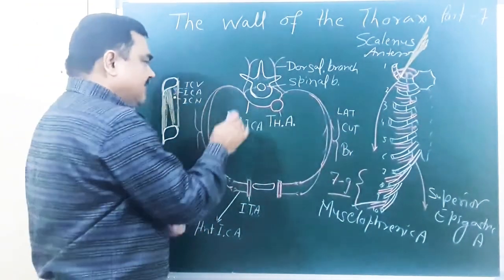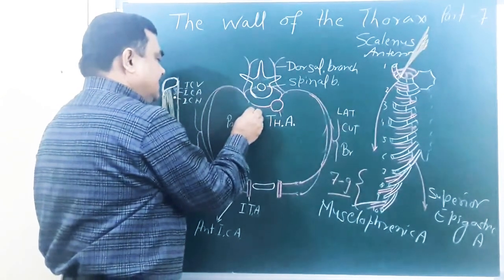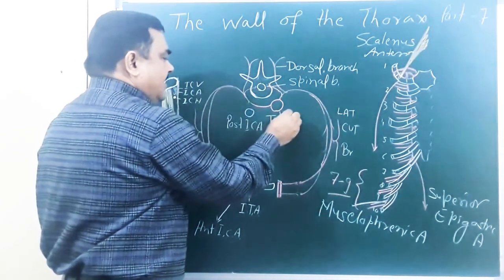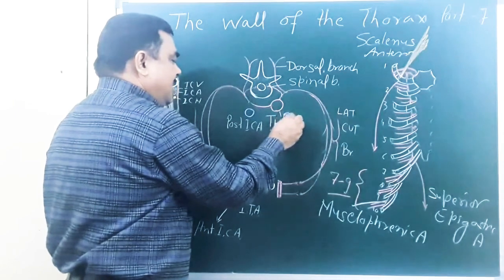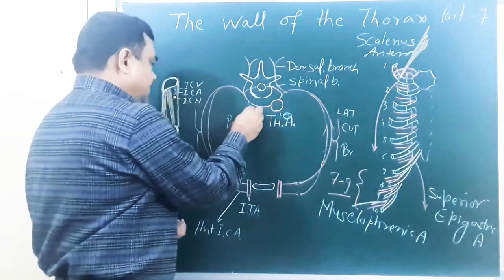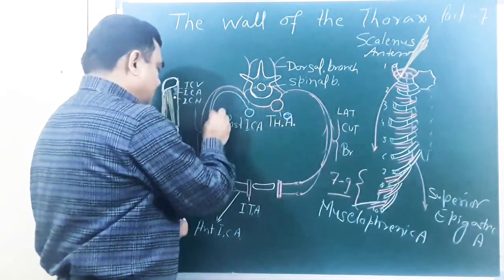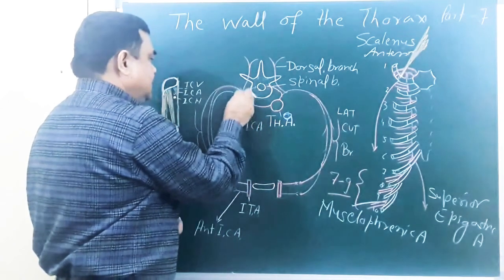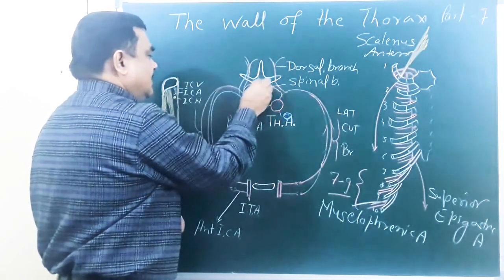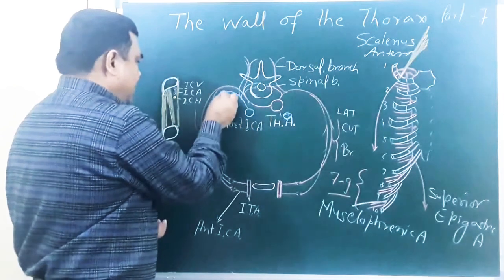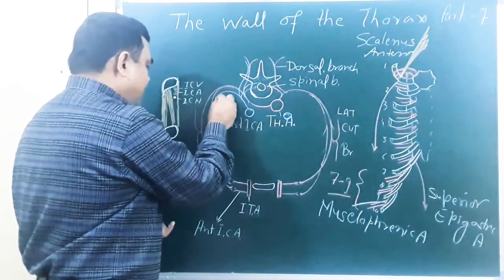In the same way, there is a venous drainage. Here is azygos vein, and on this side there is hemiazygos vein. This vein accompanies the artery like this. These are the same named tributaries.